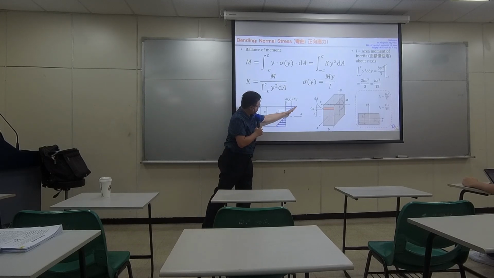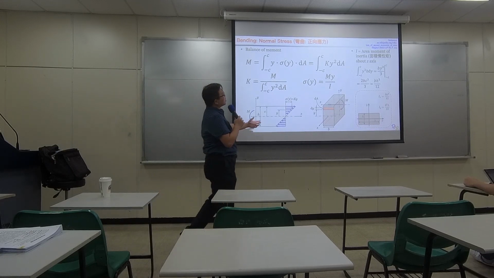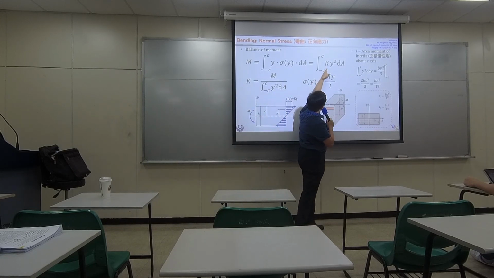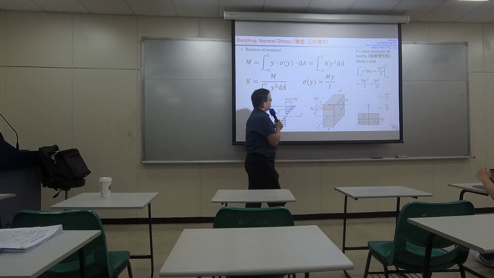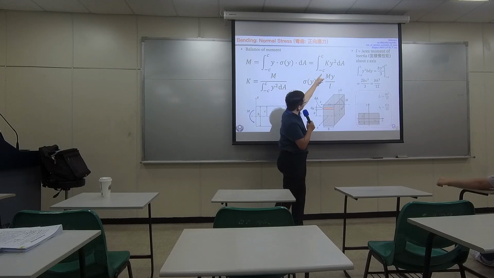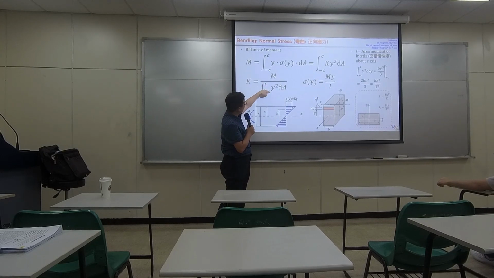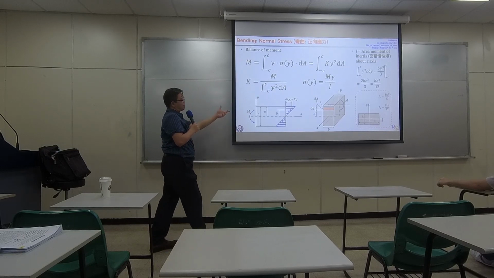It's a linear slope. Since it's a constant, it could be taken out of the integral. After you rearrange everything, you can actually get k equals M over what's left.